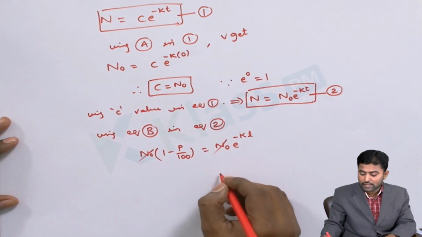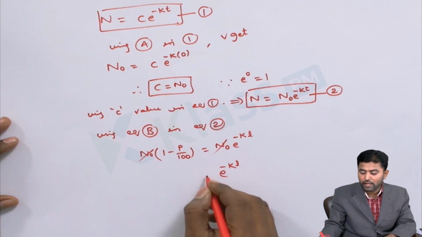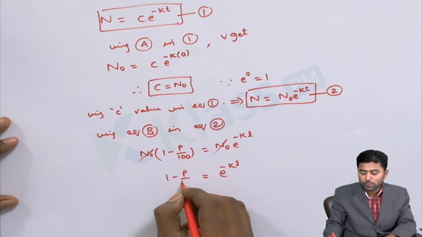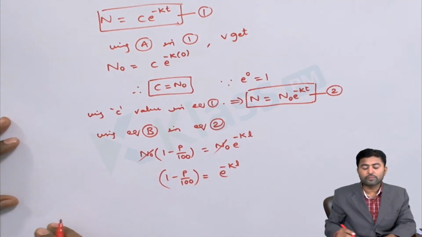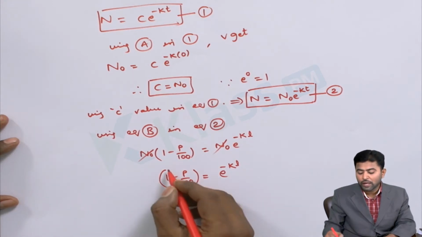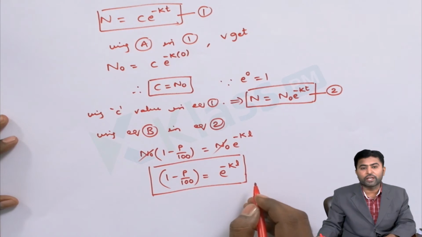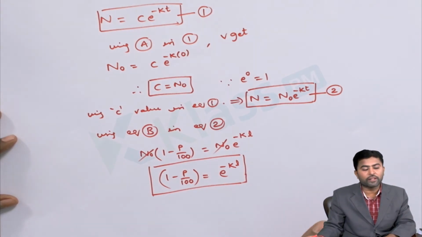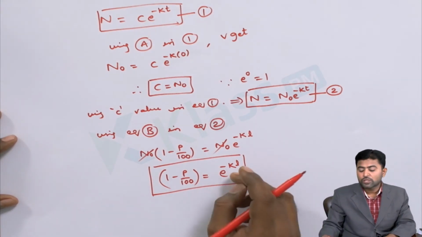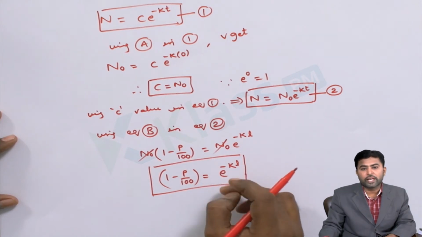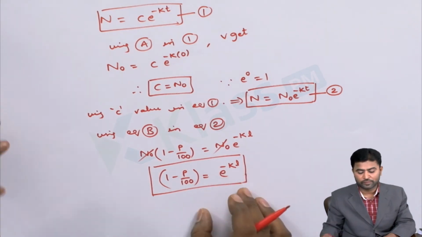So I'll get e power minus kL is equal to 1 minus p by 100. I got the value of e power minus kL. Here I am not calculating the value of k, because it is mentioned there at the end of 2L years, so I may get back the same type of exponential function.